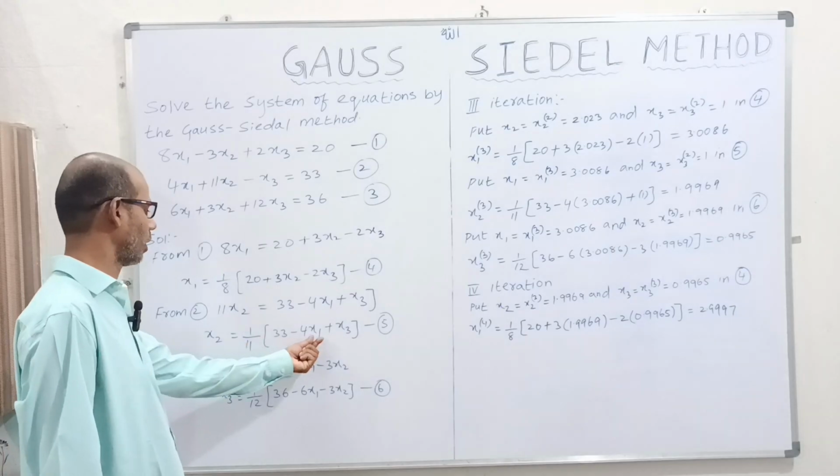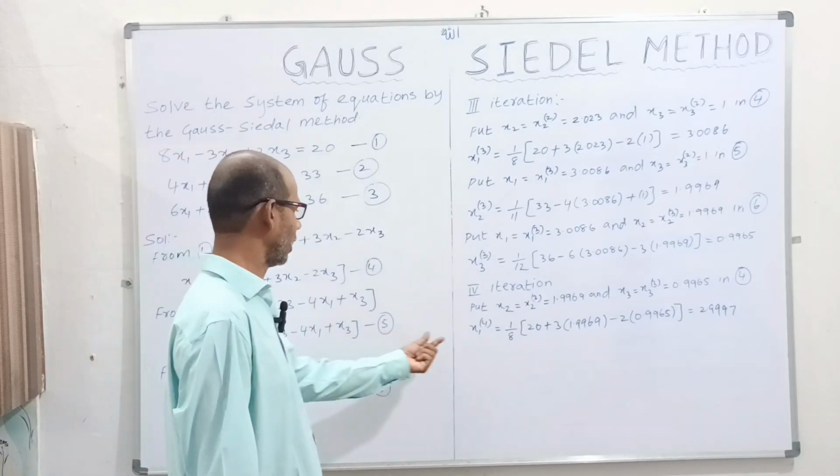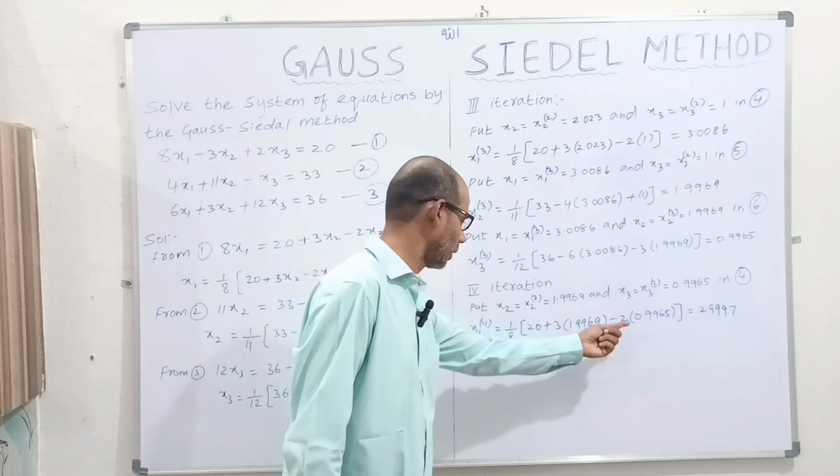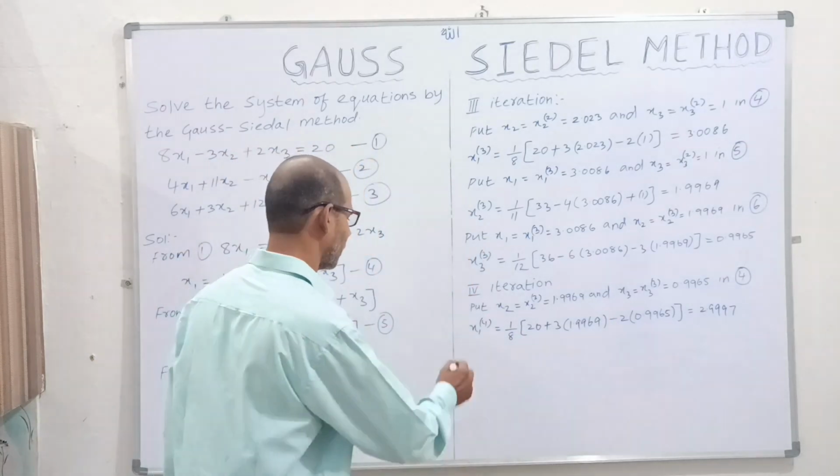Okay, so now we have to find the value of x2. What we have to do is substitute the values of x1 and x3. We will use the value of x1 obtained from the fourth iteration, and the x3 value we will take from the third iteration, right?